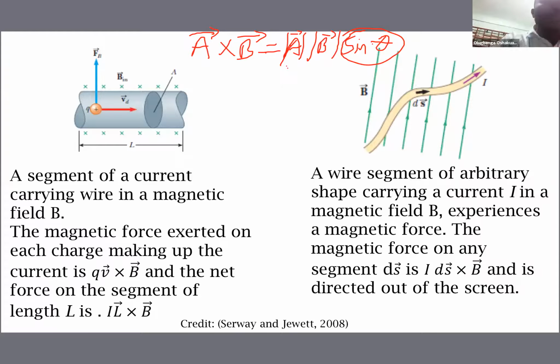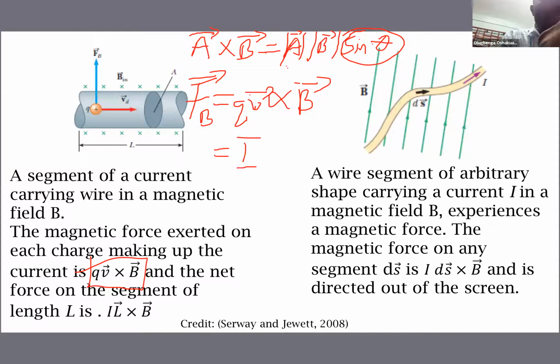So that means that, coming back to our expression that says the magnetic force is equal to Q V cross B, or I L cross B, when the direction of charge flow, or the direction of current flow, is in the same direction as the external magnetic field B, F_B will be 0.